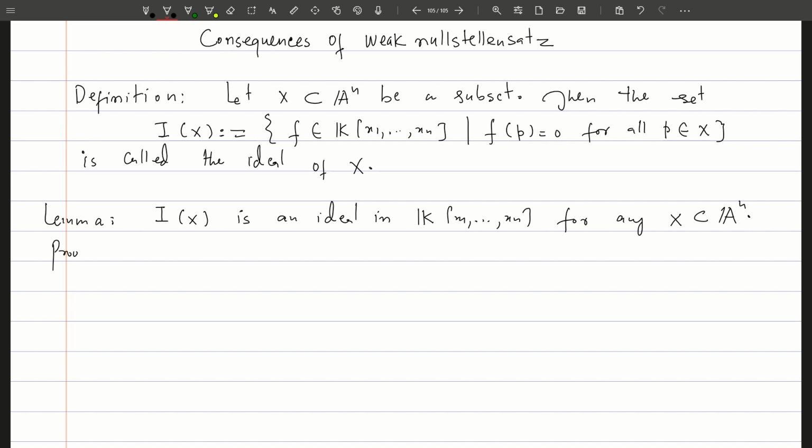So the proof is like this. One is a formal proof, i.e. to prove this by definition. So clearly, the zero polynomial is in the ideal of X since the zero polynomial vanishes at each point of X.